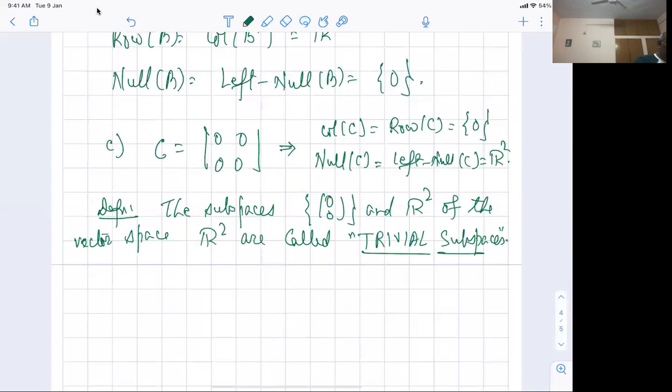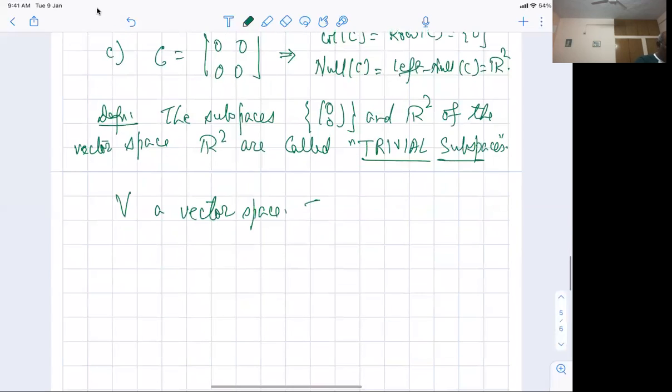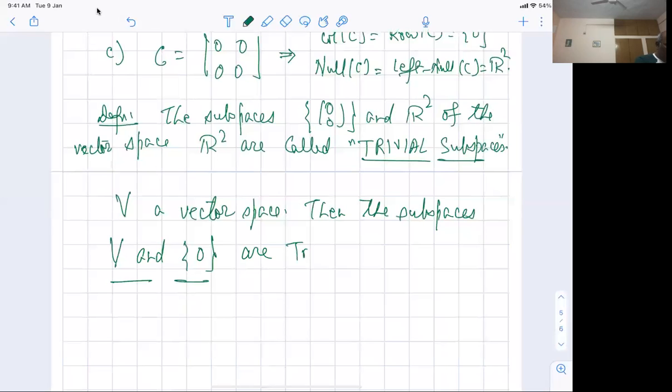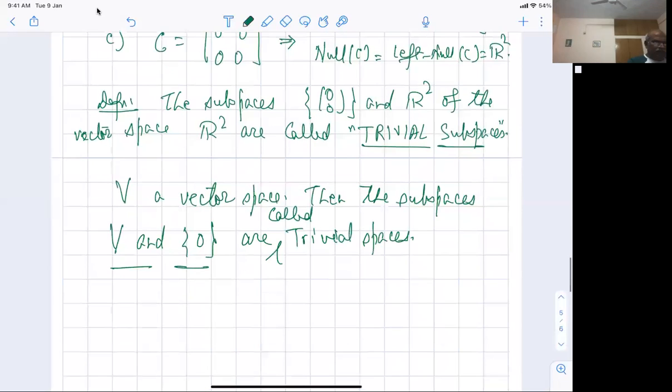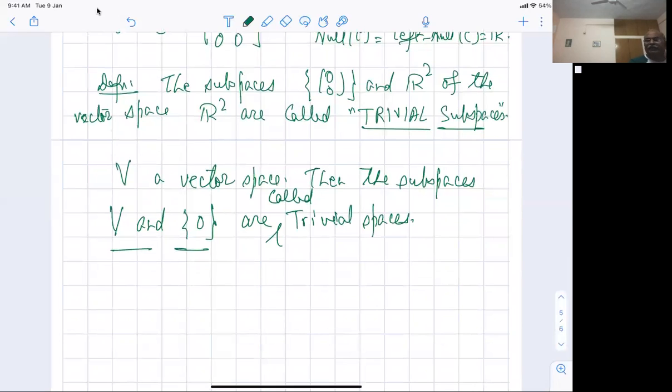In general, V is a vector space. Then the subspaces V and just the 0 vector, the space consisting of the 0 vector, these two are called trivial subspaces. All right, fine. I would like you to understand that they are trivial basically because I'm not getting any other information, any other subsets and things like that with a subspace.